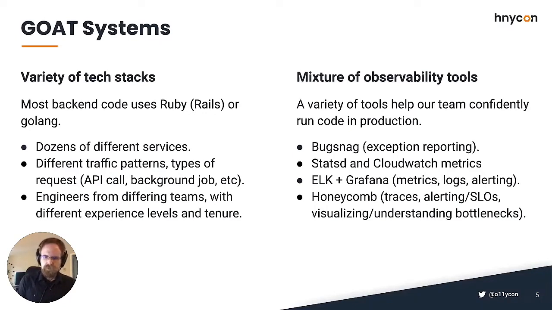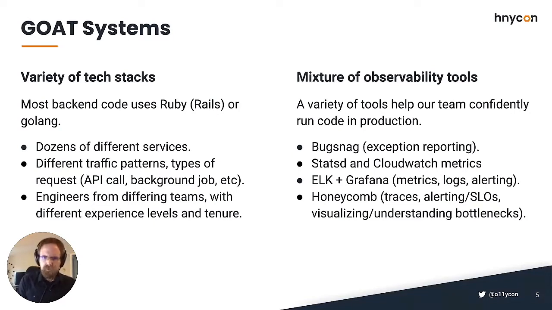Getting more into things that come from inside the application, we have a standard Elasticsearch Logstash Kibana pipeline, also some Grafana dashboards that provide us metrics, logs, and some alerting, distinct from StatsD and CloudWatch, and these tend to come from within the application and can show us metrics that developers have chosen to add to the application.